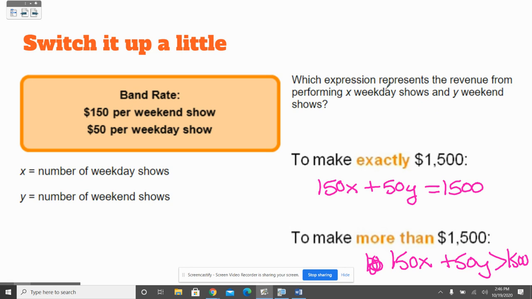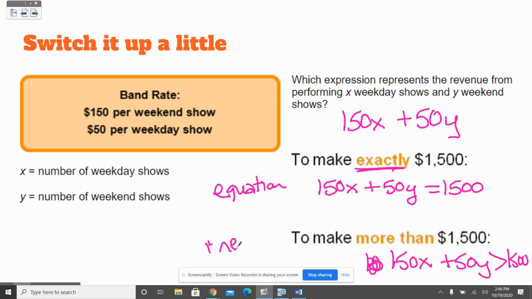So which expression represents the revenue from performing x weekday shows and y weekend shows? Just the expression is 150x plus 50y. That's an expression, no equal sign. Exactly is an equation. And this guy is the inequality.